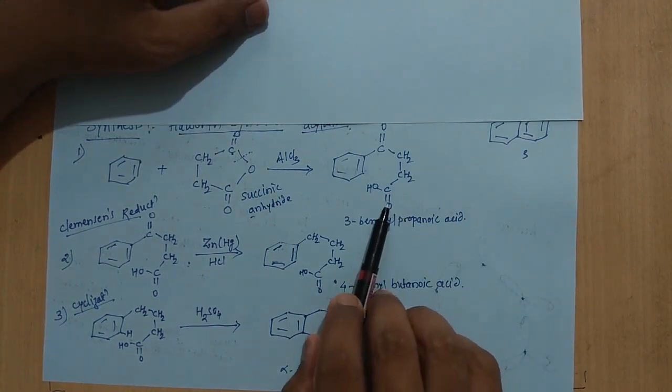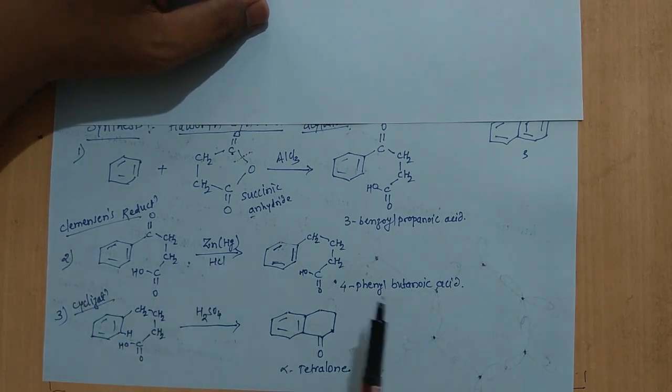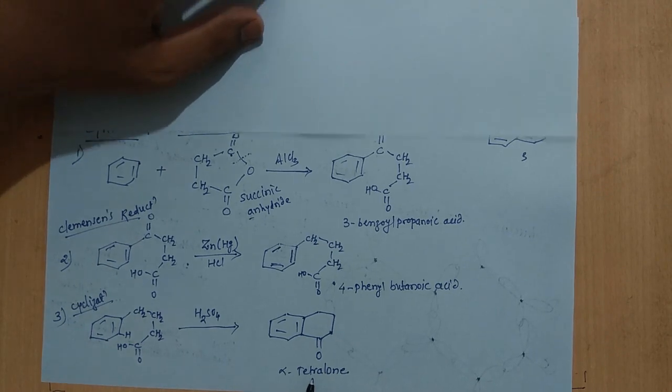Now, in the second step, Clemmensen's reduction is carried out with amalgamated zinc and HCl to give 4-phenyl butanoic acid. Third step is cyclization, where 4-phenyl butanoic acid is treated with sulfuric acid to give alpha tetralone.